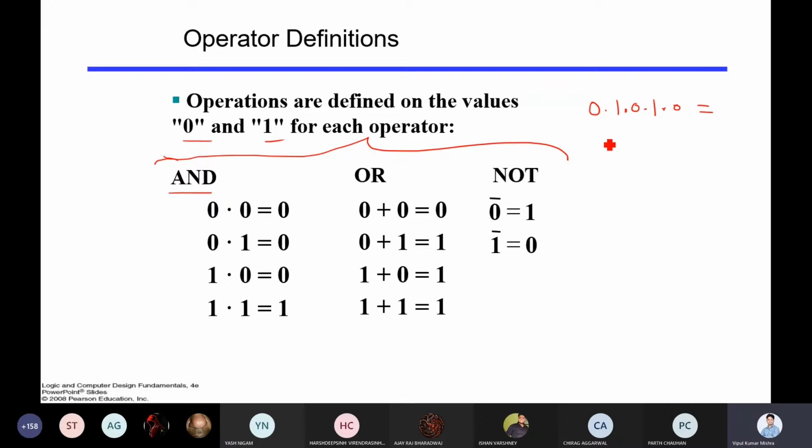Let me define the places 1, 2, 3, 4, and 5. In which place will the AND gate stop and not operate further? First place, second place, third place, fourth place, or fifth place?